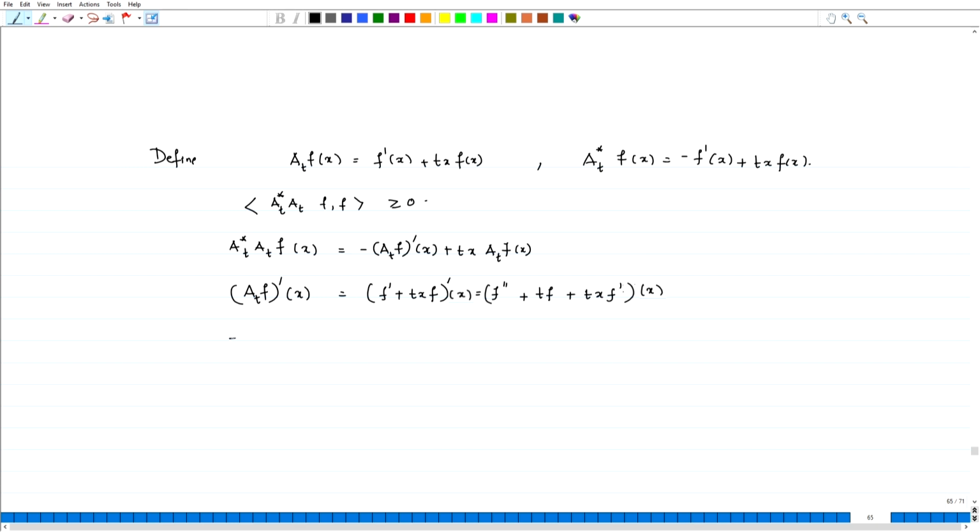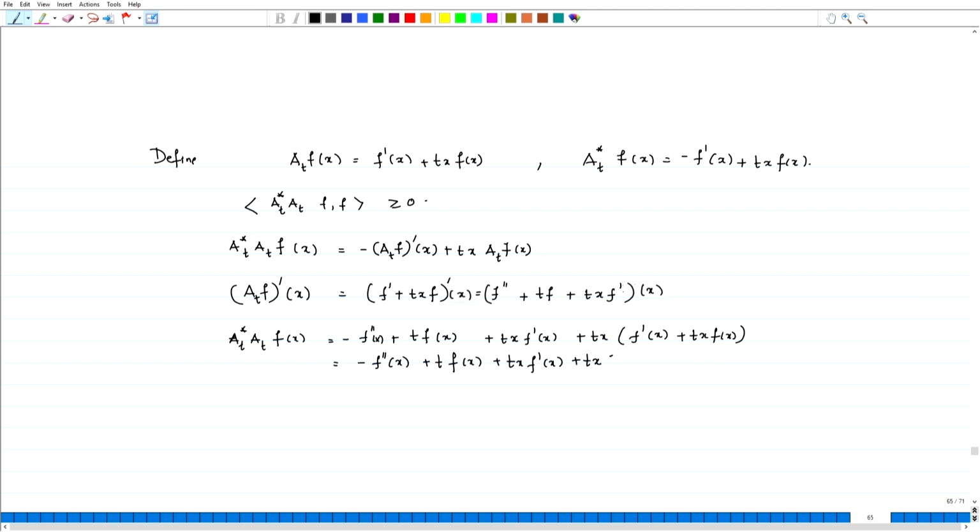Therefore, A t star A t f at x is equal to minus of f prime plus t f of x plus t x f prime of x, plus t x into f prime of x plus t x f of x. So, this is equal to minus of f double prime of x plus t f of x plus t x f prime of x plus t x f prime of x plus t square x square f of x.